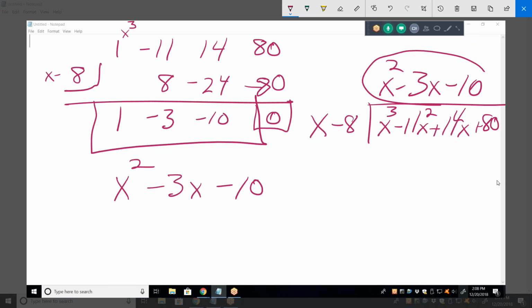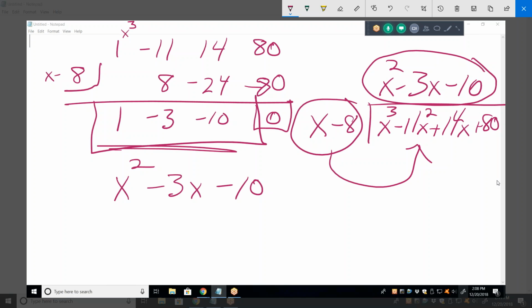Therefore, that times that equals that. But notice that when you do the synthetic division, you get your answer. You just have to know that that's an x squared, that that's an x, and that's the number.